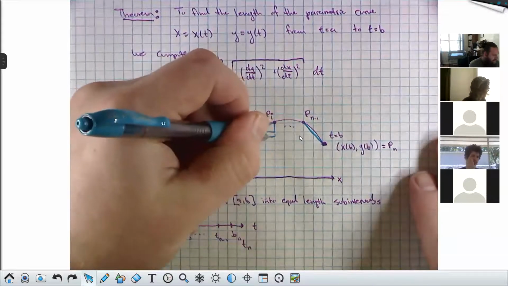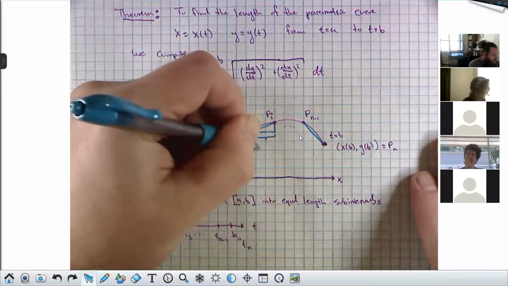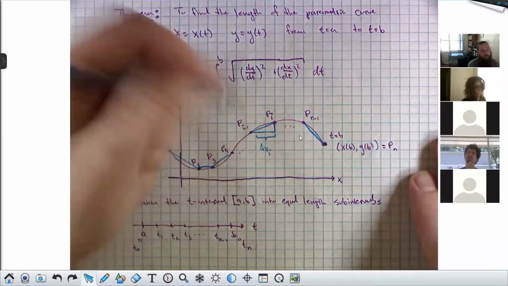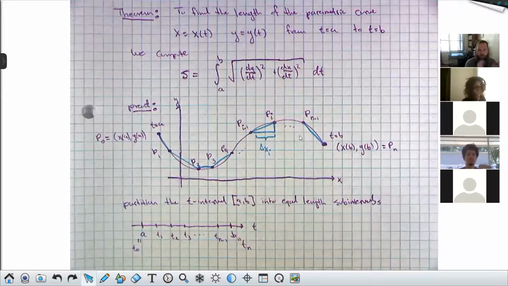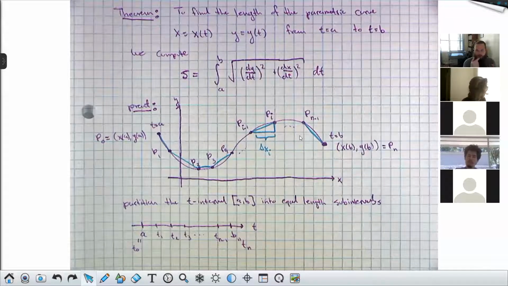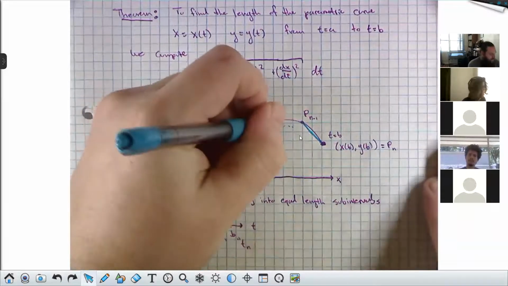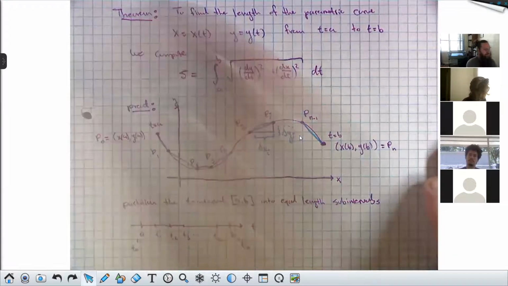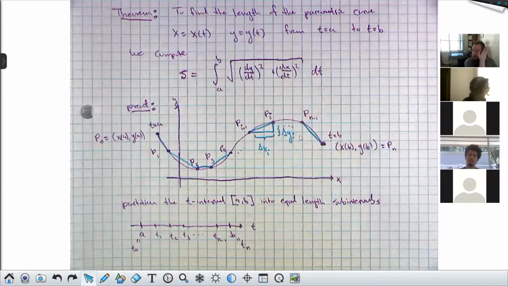I'll call this delta xi. It's the change in x in the ith subinterval. And this distance I'll call delta yi. It's the change in y over the ith subinterval.